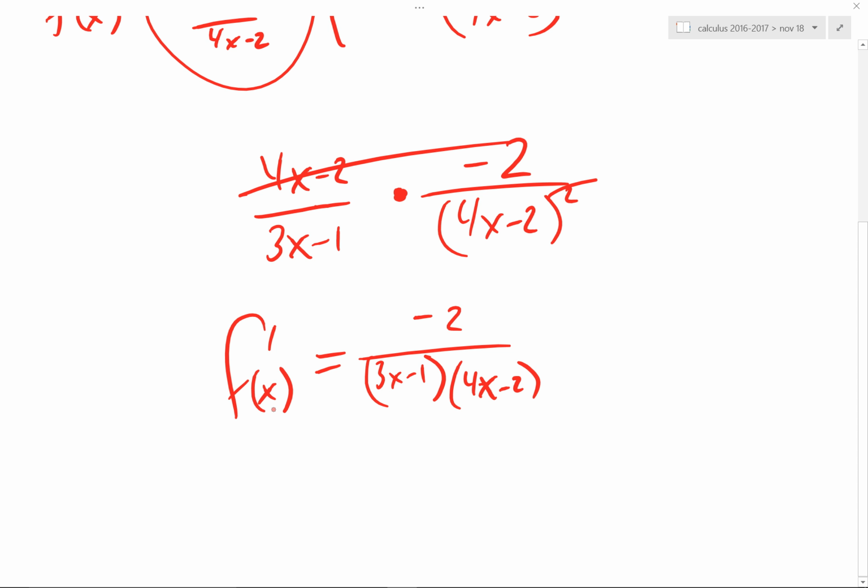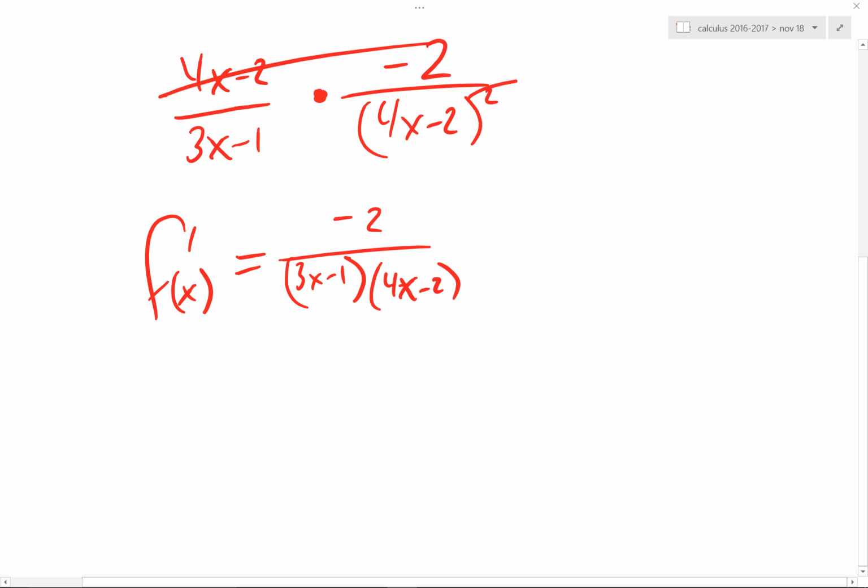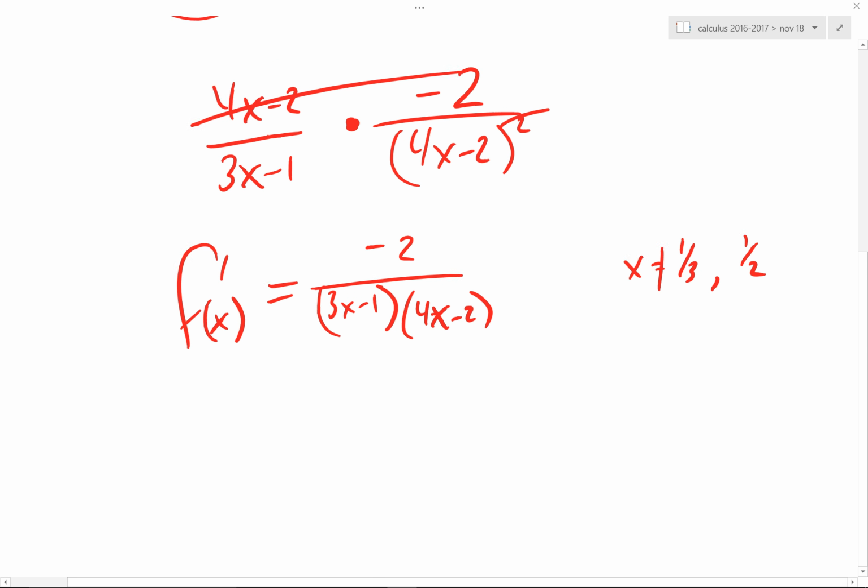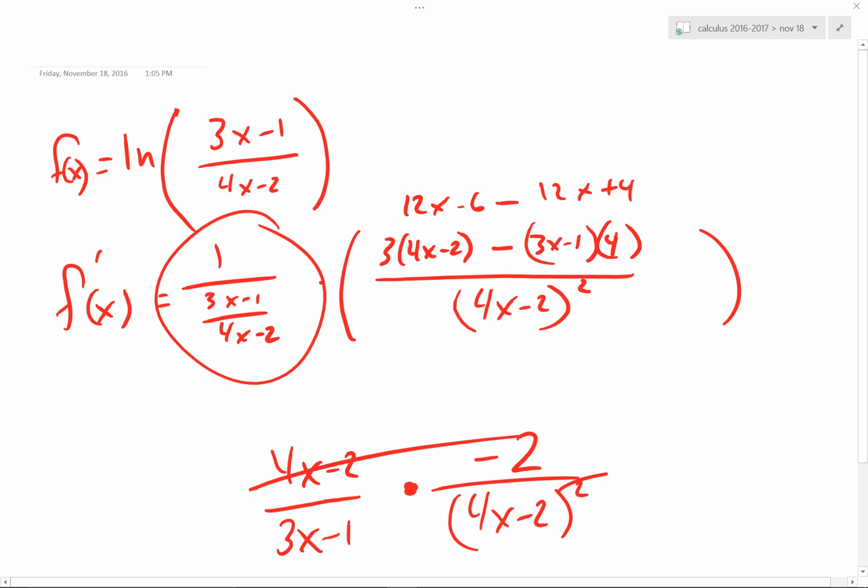Question. Where does this derivative have a problem? Where does it have a problem? It has issues at 1/3 and 1/2. Yes? Now, I understand why it has a problem at 1/2, don't you? Yes?